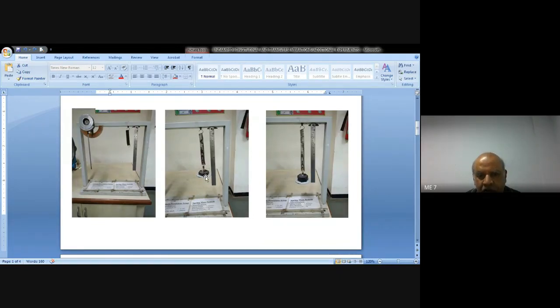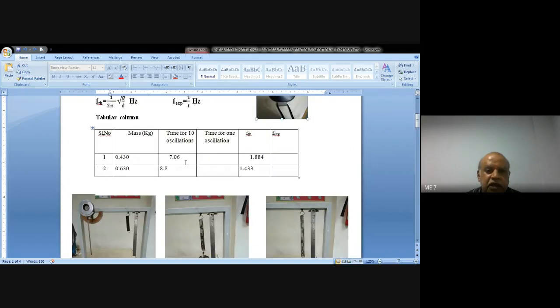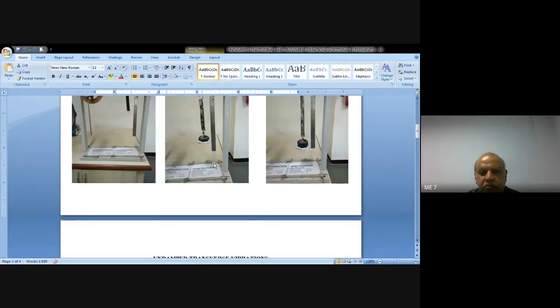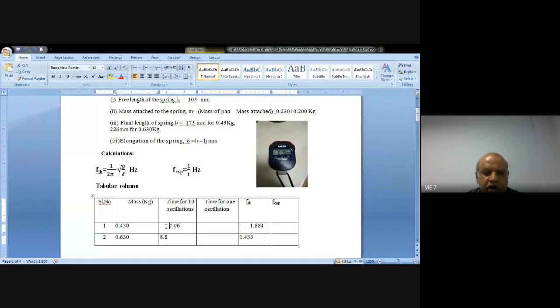Up and down is one cycle, so note down the time taken for 10 cycles. In this case, for the 0.430 kg load, the time taken for 10 oscillations is 7.06 seconds. Then find the time per oscillation, and the experimental frequency is 1 by t.